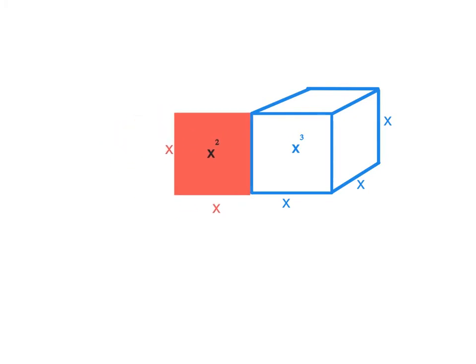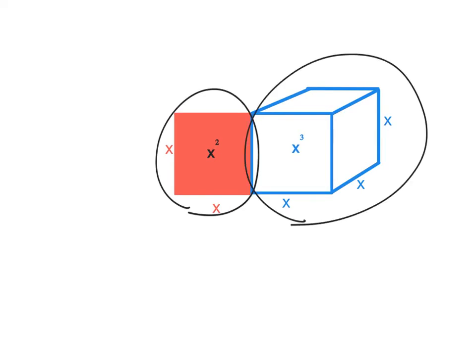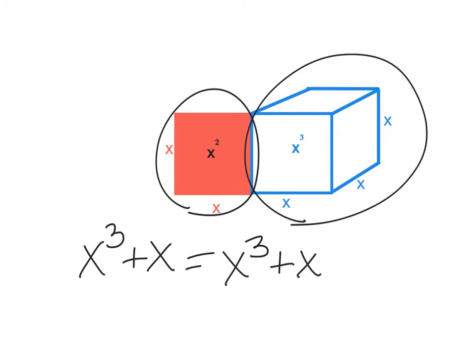And what do you have? You have an x squared and an x cubed. And that's all. You can't put them together any more than that. So when you see something like x to the third power plus x to the first power, it's just x to the third power plus x to the first power. So remember, combining like terms.